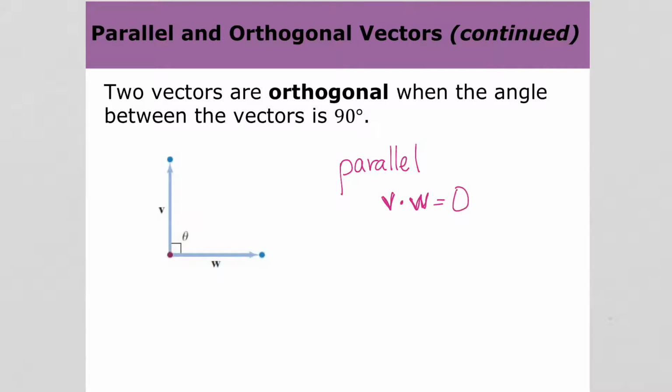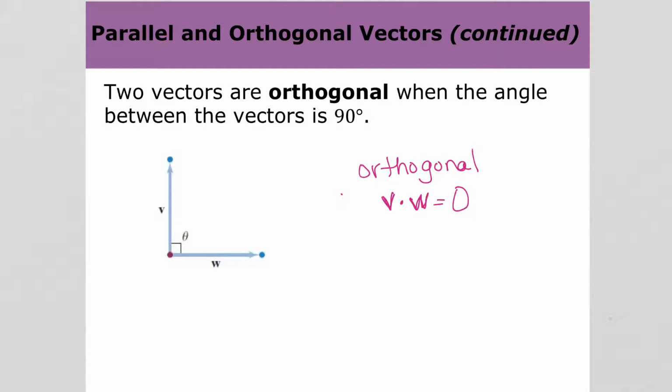If the dot product is 0, that tells us actually that they are orthogonal. Okay?